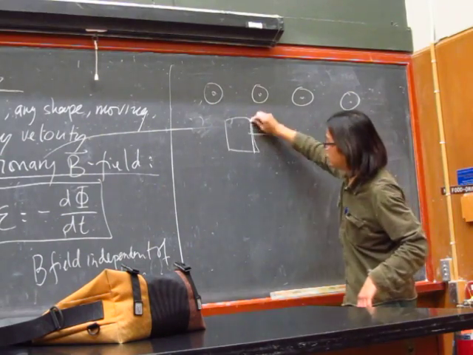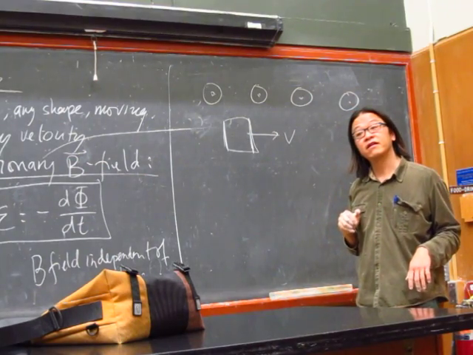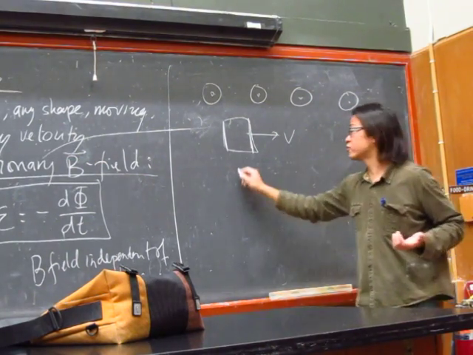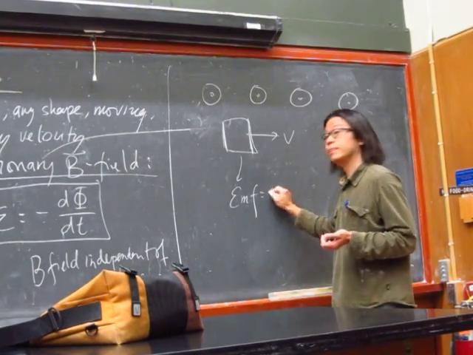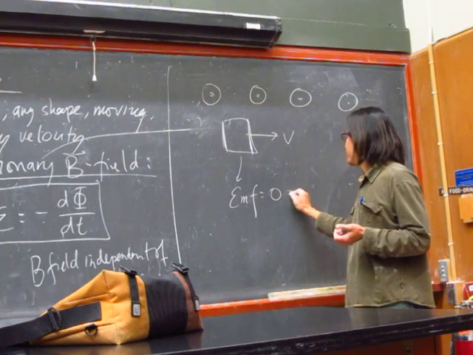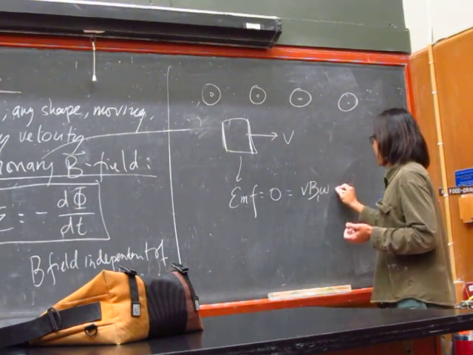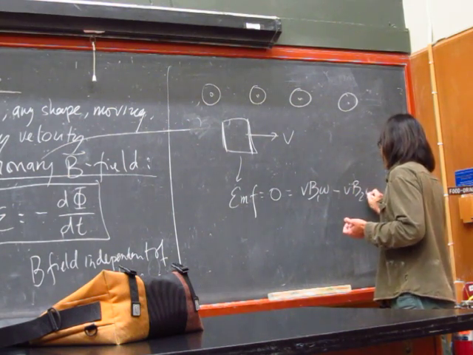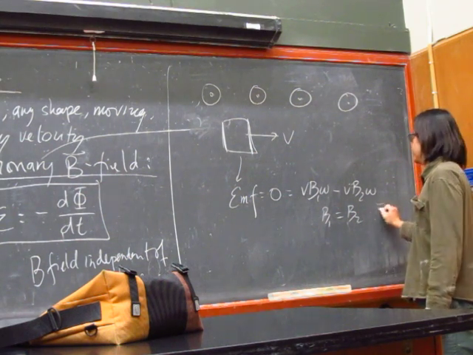You see the Lorentz force on this side will exactly balance the Lorentz force on that side, right? Give you a 0, and then it will give you 0 EMF. Right? Because you have vBw on one side minus vBw on the other side, and B1 is equal to B2, and this is equal to 0.